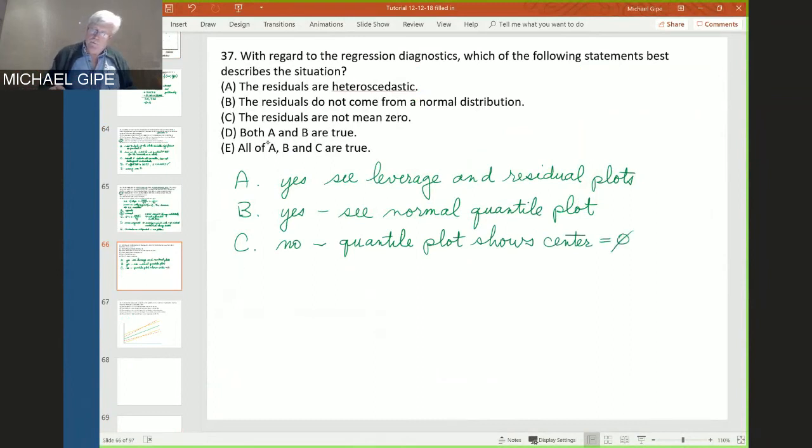And so the best answer we have here is A and B are true. And then E, of course. C is not true.